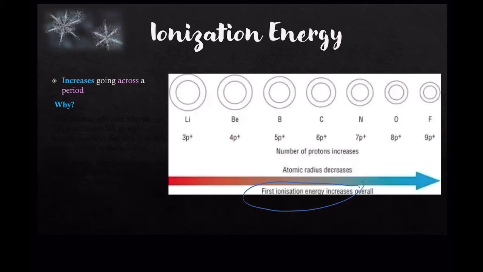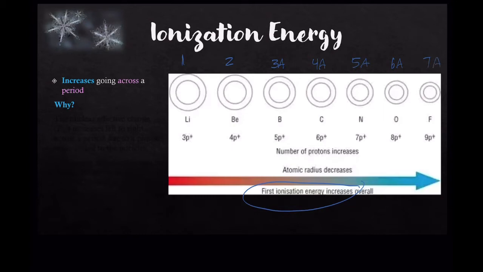Lithium is a group 1 metal. This is group 1. Beryllium is a group 2 metal. Boron is in group 3A, or you could say 13. Carbon is in group 4A or group 14. Nitrogen is group 5A or 15. There's oxygen and there's fluorine.